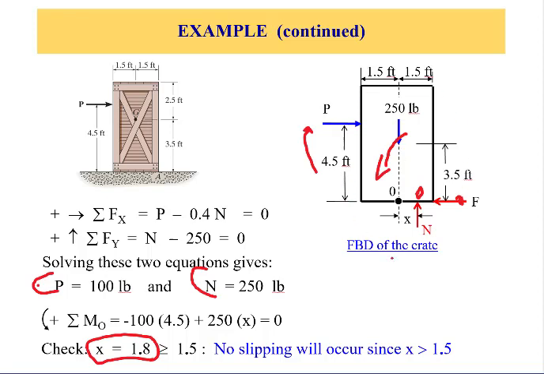Another way to say it, as we are gradually increasing the force P, before this object starts slipping, it will tip, because for it to slide or slip, the x is calculated to be outside the geometry of that box, so slippage will not occur.